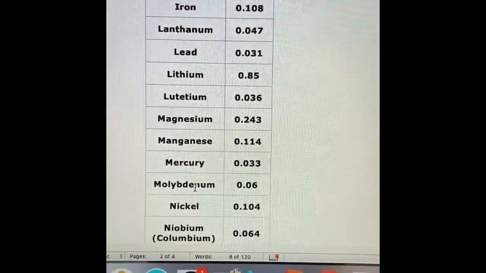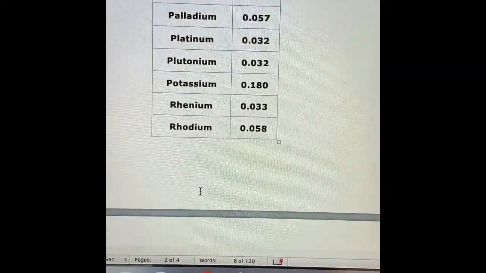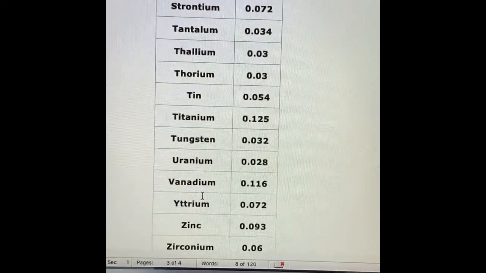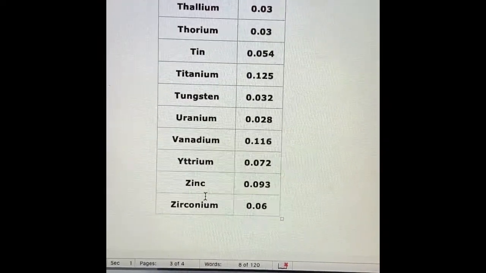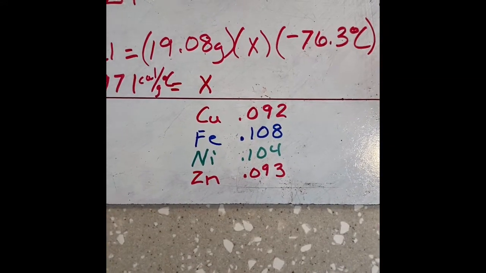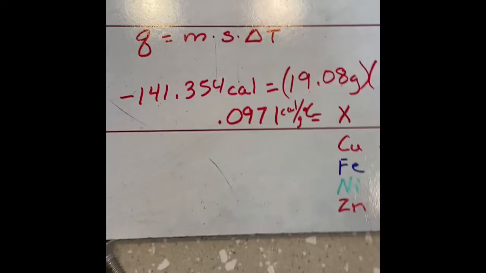Could be nickel, that's still a little high. Or it could be zinc with 0.093. Looking at the four choices, my bet is that it is, in fact, zinc.